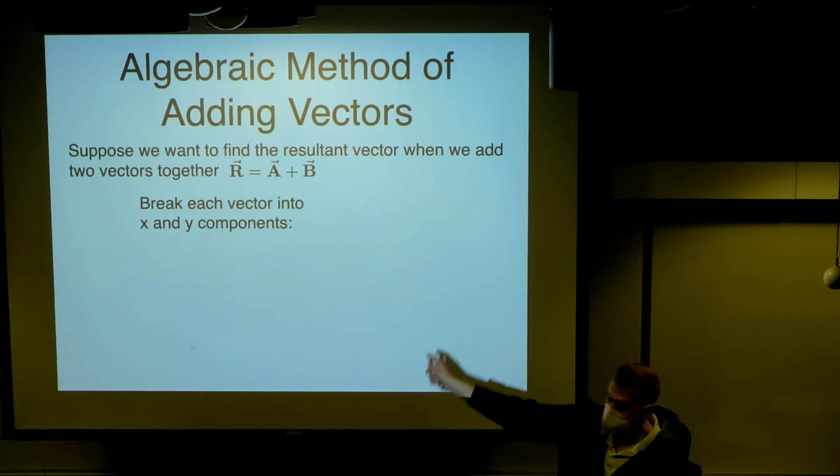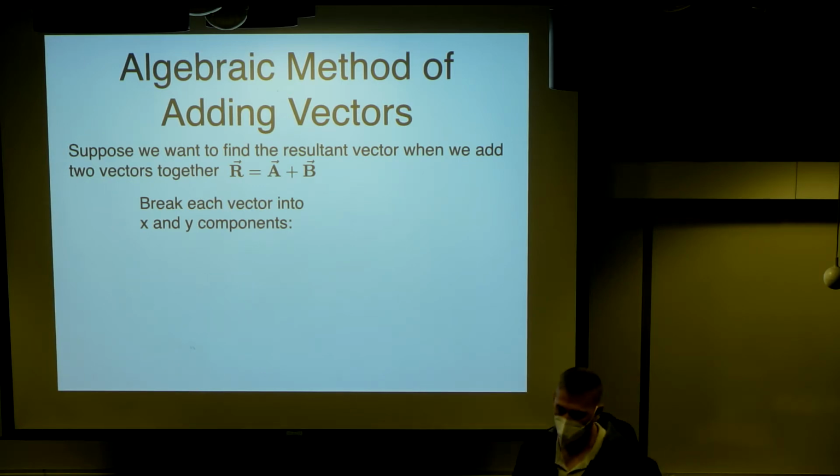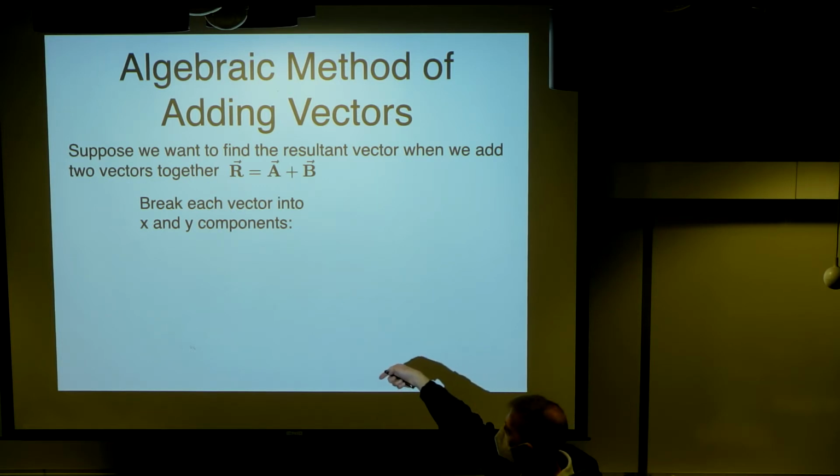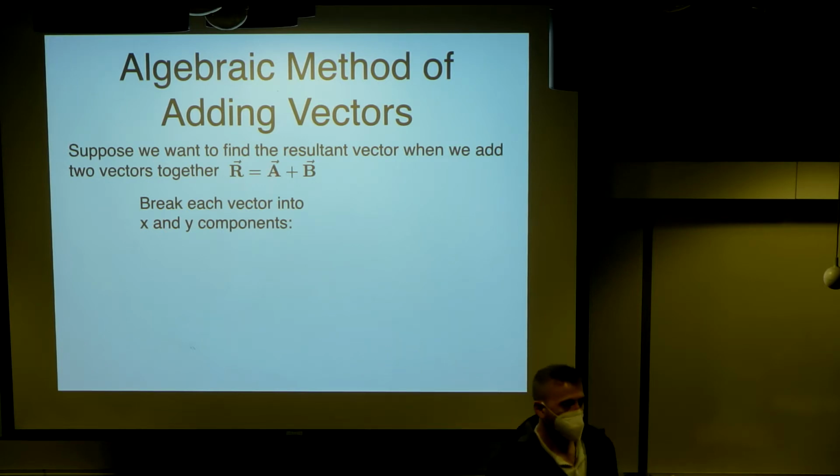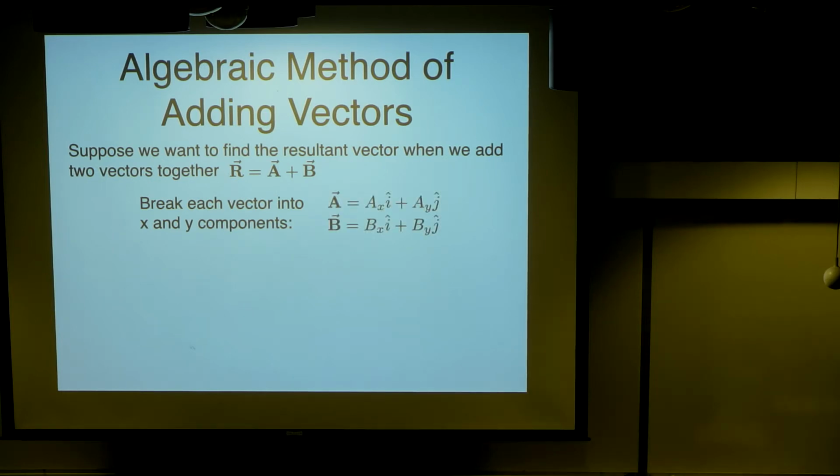So the exact numbers that go into this will depend on the specific situation you're in. So I'm just going to write it as AX, AY for the components of A, and then BX, BY for the components of B. So I'm just generically writing each one of these in component form.